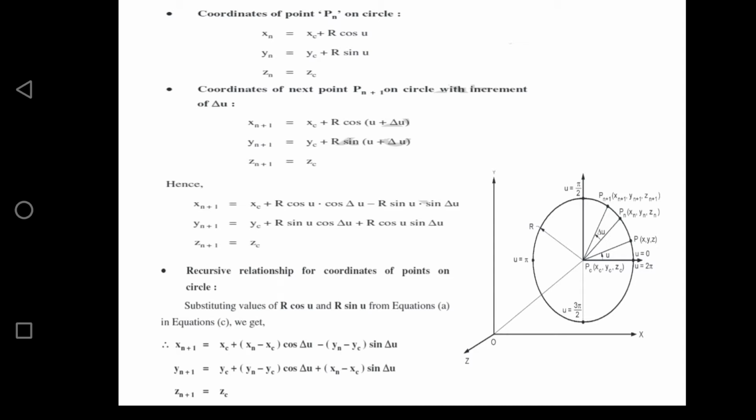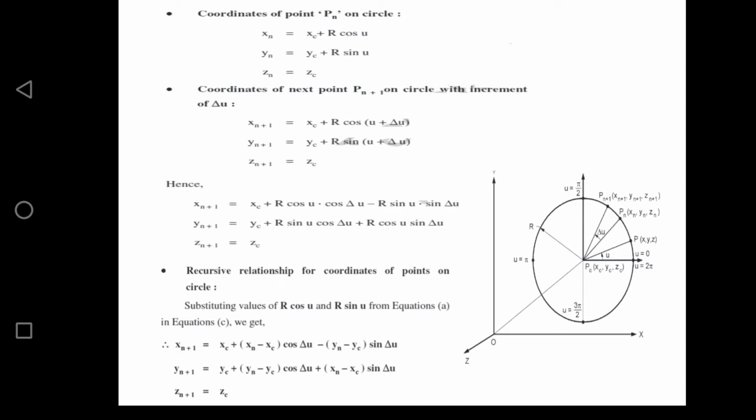So if I simplify it, xn plus 1 will be xc plus r cos u cos delta u minus r sin u sin delta u, and similarly yn plus 1 will be yc plus r sin u cos delta u plus r cos u sin delta u, and zn plus 1 will be zc. So this is the parametric equation of a point which has an incremental angle delta u.